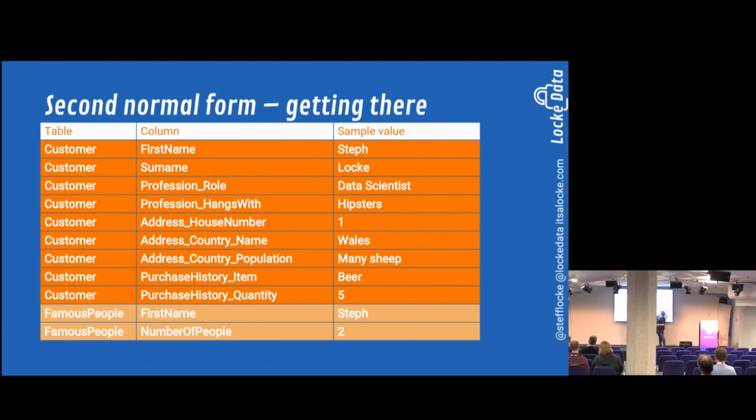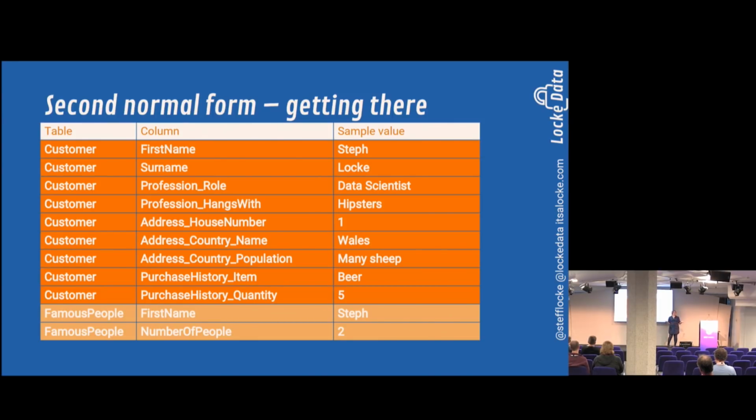But the number of people with the same first name is partially dependent on your key. So part of your key, first name, if you know that, you know the answer to this piece of information. So we split that out.